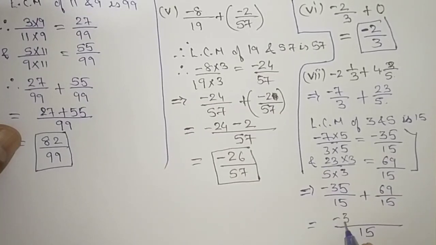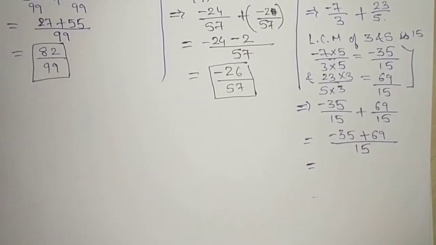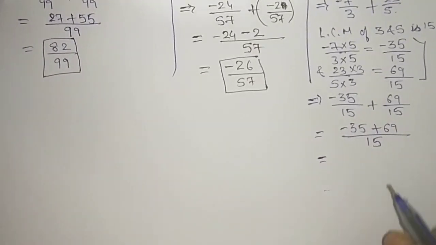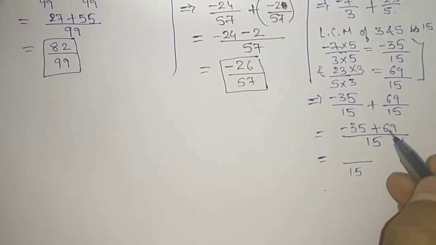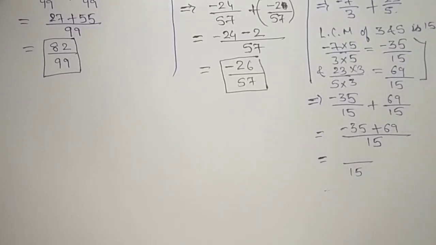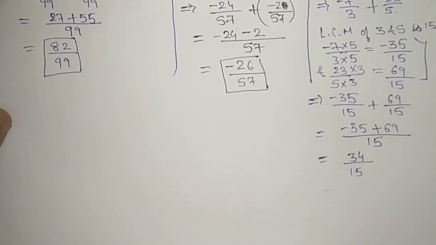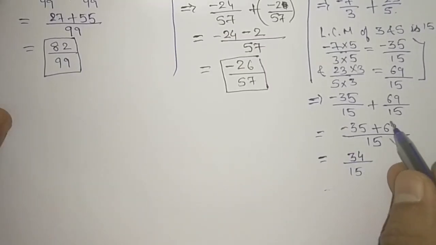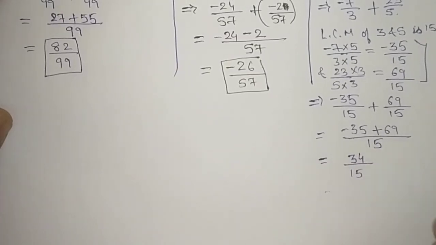We will add the numerators, minus 35 plus 69. Since the number with the plus sign is greater, we will have a positive number. So we subtract 69 minus 35, that will give me 34, and it will be plus 34 by 15.